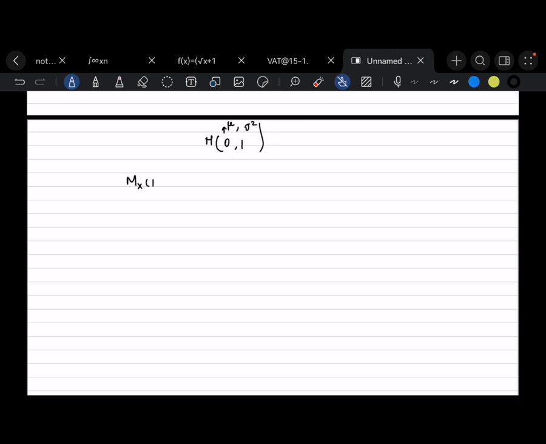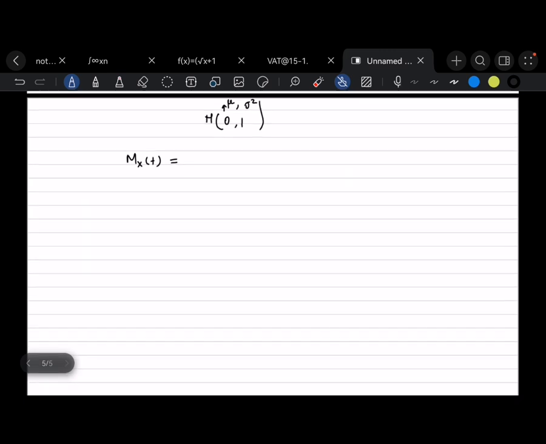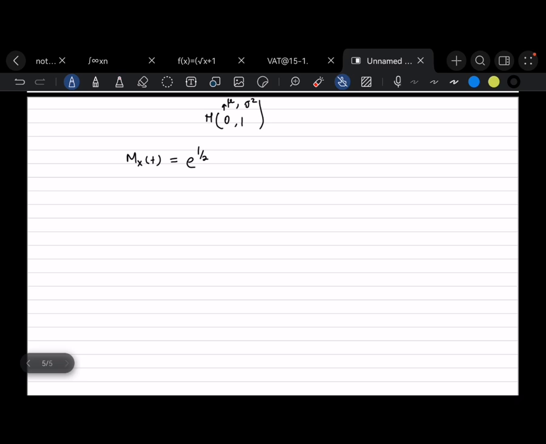So the moment generating function of the standard normal, we've shown, is e to the half t squared. Now we're gonna use it to find the mean of the standard normal. Pretend you don't know that the mean is 0. So here's what you want to do in this case.